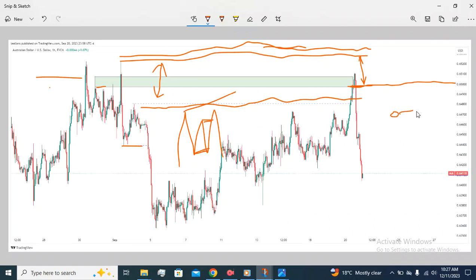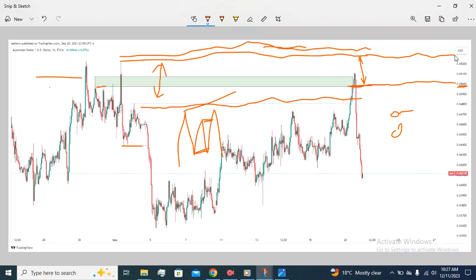Maybe you can do the math for yourself, because this one around here was 0.6500, and this above right here was around 0.65250.